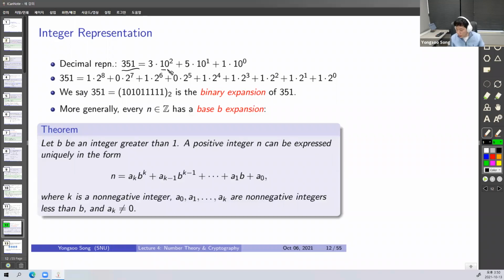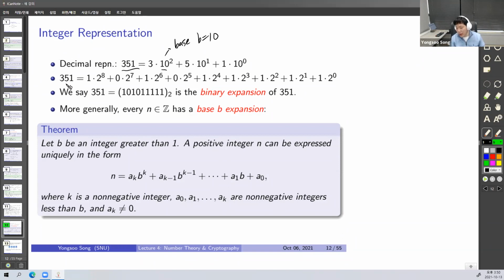So we use base 10. This is called the base, and the base is 10 in the case of decimal representation. But we can do it with any arbitrary base b greater than 1.